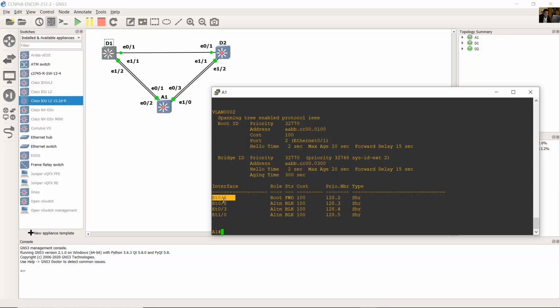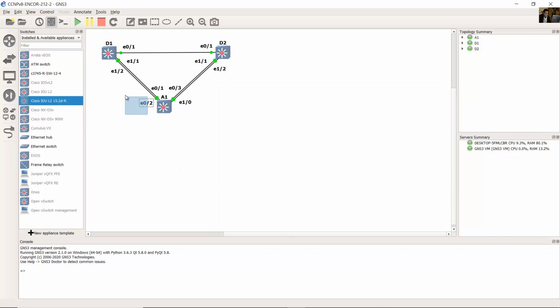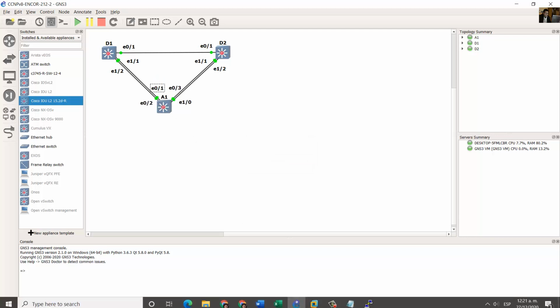This is the lowest interface number and has the lowest priority, so it is preferred. Remember that Ethernet 0/2 also connects to D1, but only one interface should be used. And in this case it is Ethernet 0/1 because it's the lowest number.